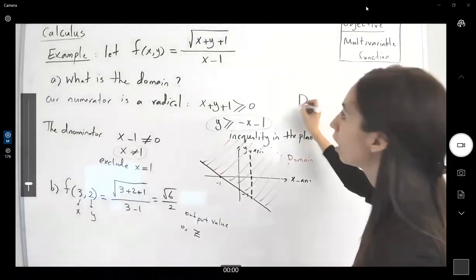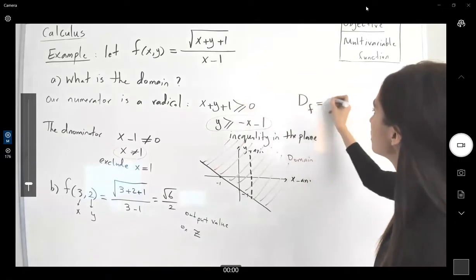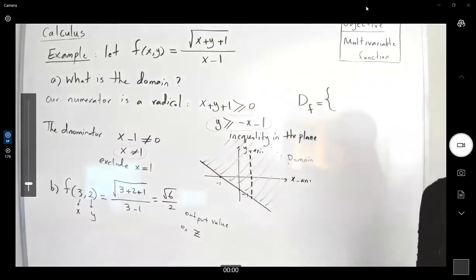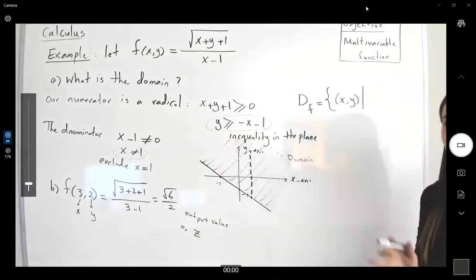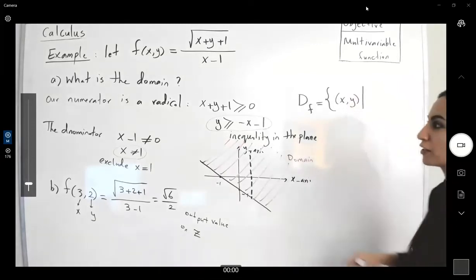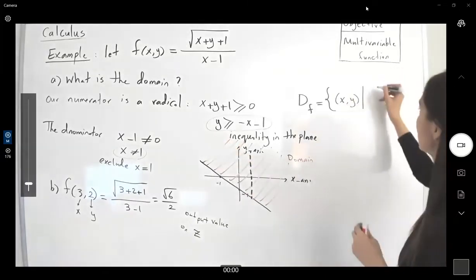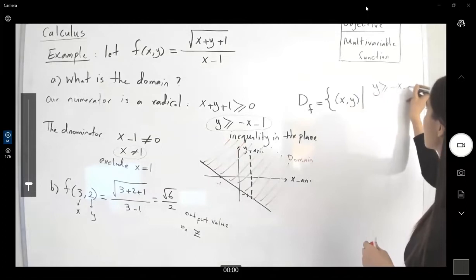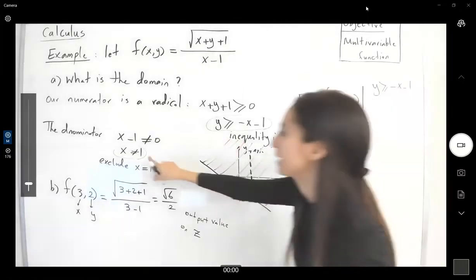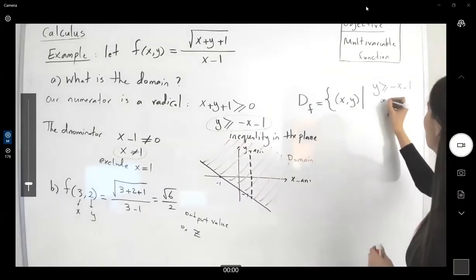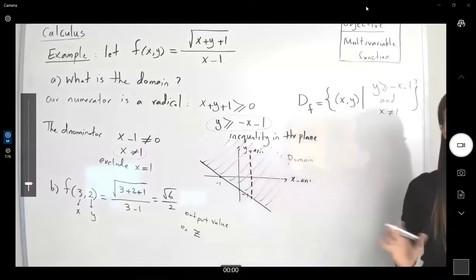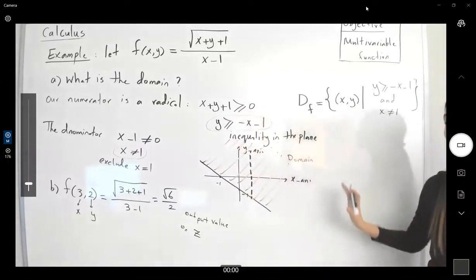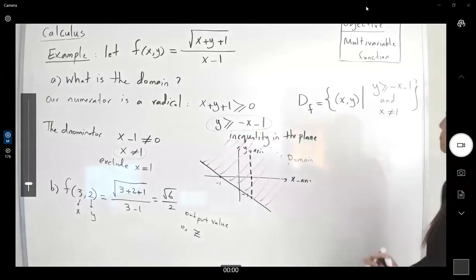The domain of function f is equal to the set of all ordered pairs x comma y, such that x and y satisfy these two conditions: y is greater than or equal to negative x minus 1, and x is not 1. So officially, we write it this way, and visually, we visualize it this way.